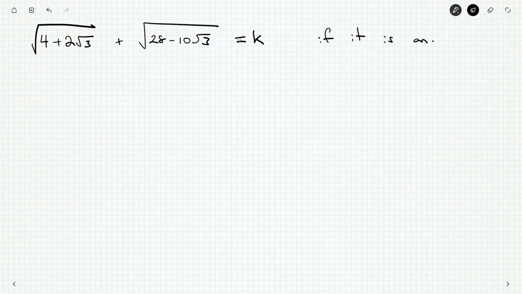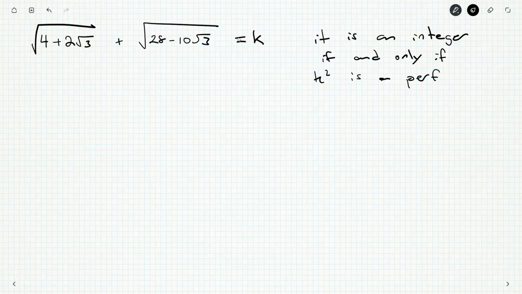Let's say it this way: it is an integer if and only if k squared is a perfect square. So if I square this and I can turn it into 100, well then I know that this is just a weird expression for 10.